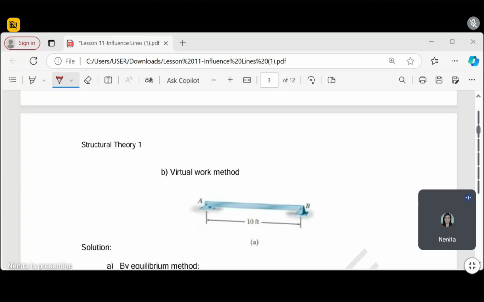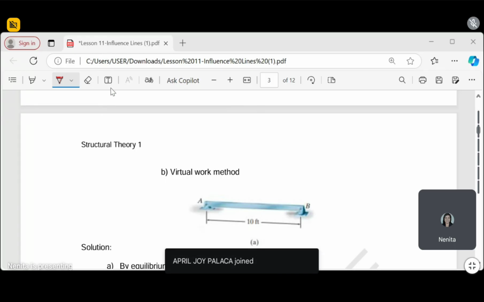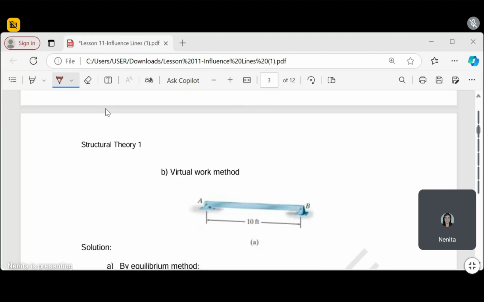Okay, class. So let me share with you our PDF file. PDF file. Sandali class ha.